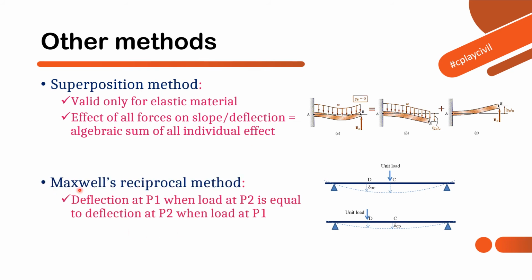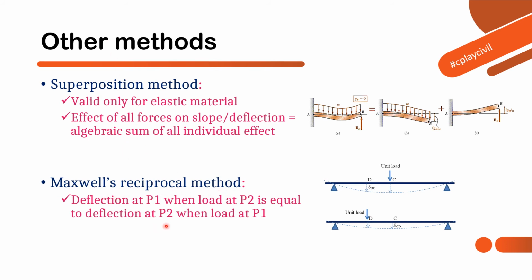Similarly, we have another one, Maxwell's reciprocal method, that is nothing but deflection at point 1 when load is at point 2 is equal to deflection at point 2 when load is at point 1. That is, deflection at D when load is at C is equal to deflection at C when load is at D. So this is Maxwell's reciprocal method.